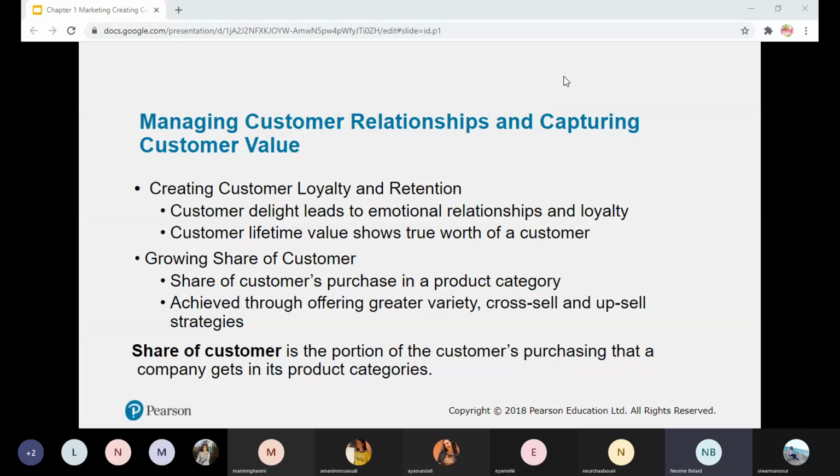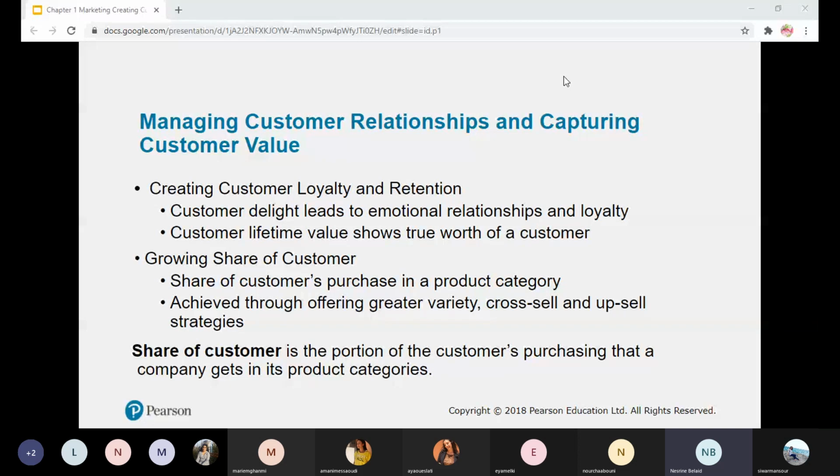So when you have, for example, let's say, cross-selling. Cross-selling is when you try to sell something and you add another product to it.